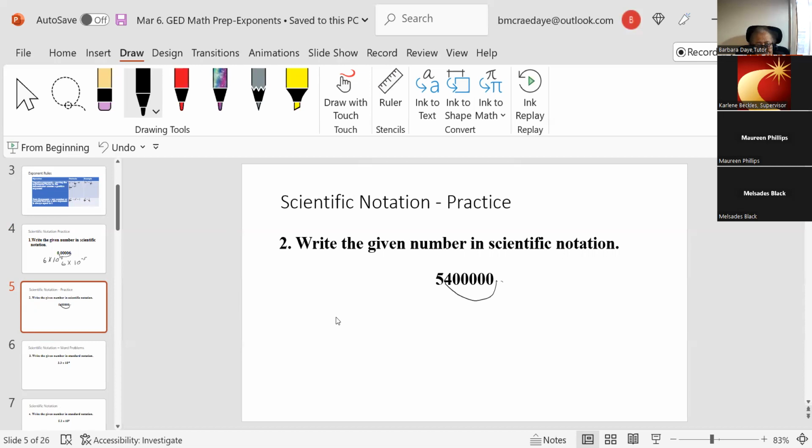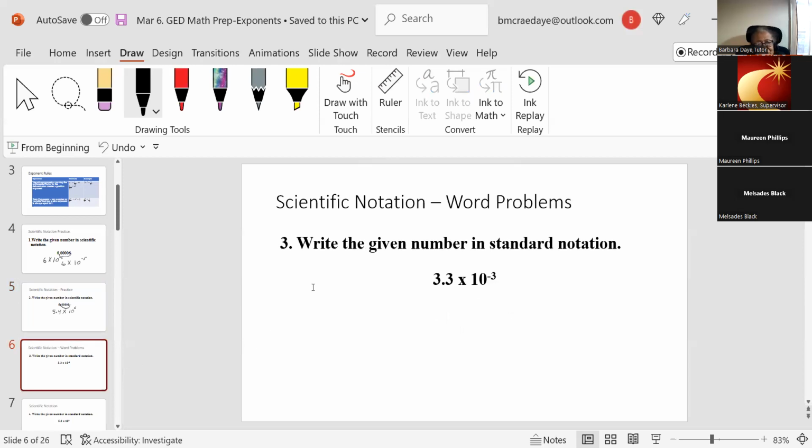The answer would be 5.4 times 10 to the 6th power. 5.4, that's the coefficient, times the base 10. And how many places did you move it? 6, so 10 to the 6. If you move to the left, your exponent will be plus. Questions? That's what you got, Maureen? Yeah. Okay. All right, let's go to our next one.